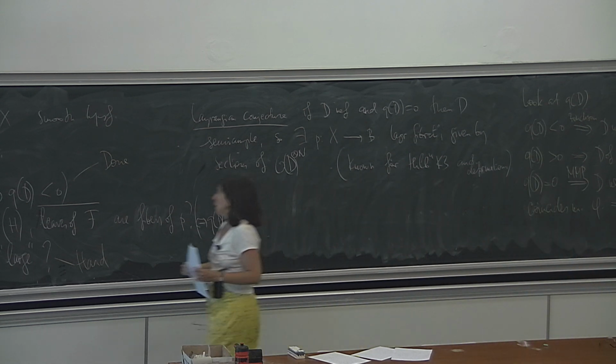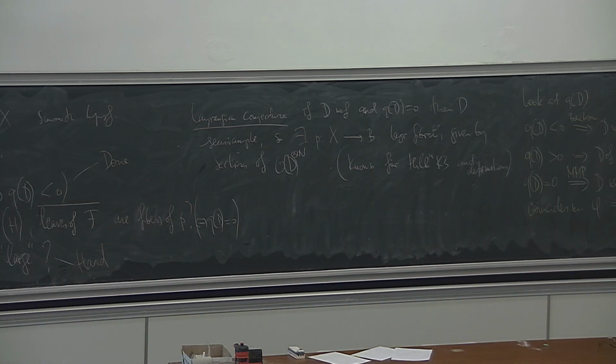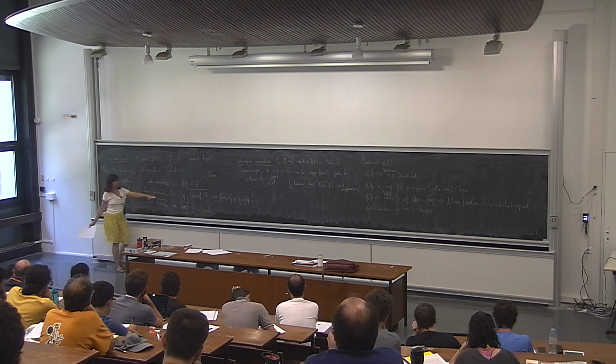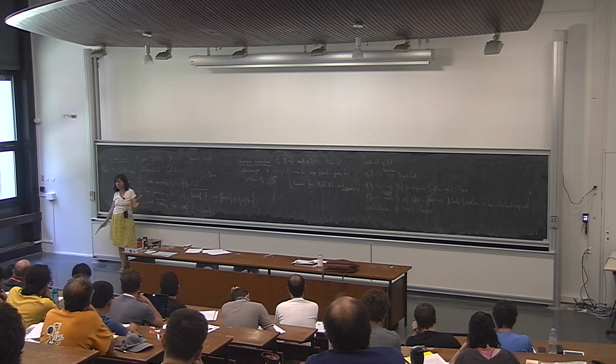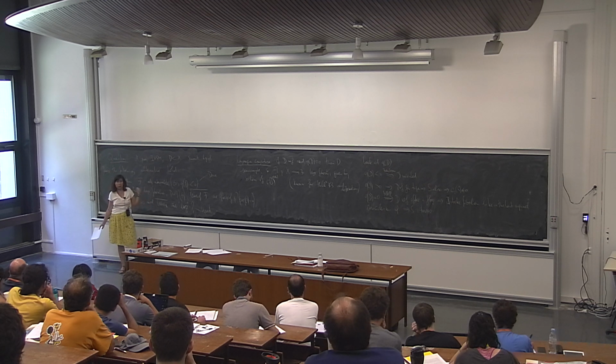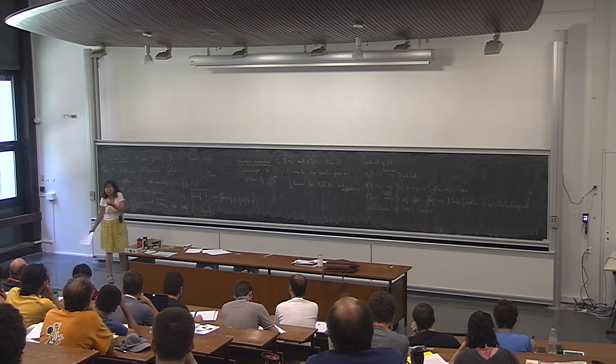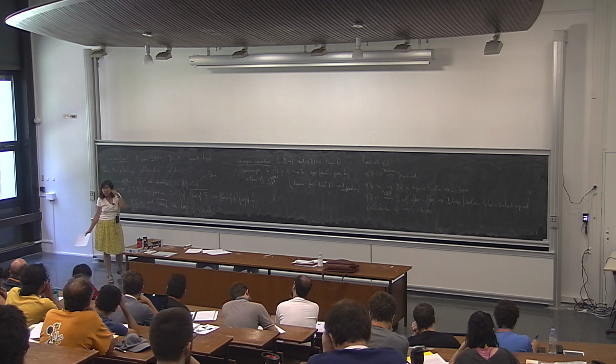So, well, an easier version of this question is as follows. Suppose you already have this Lagrangian fibration. And suppose that G is already the inverse image of something on the base. Can you prove, well, of course, the leaves of this characteristic foliation are contained in the fibers.